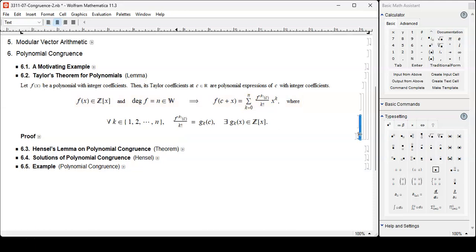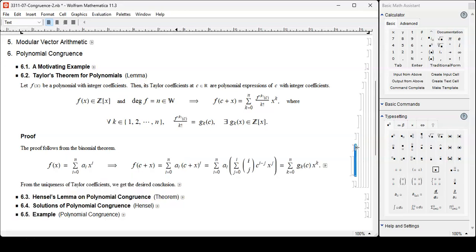How do we prove it? Well, we use the binomial theorem. Select a polynomial like this, and then replace x by c plus x, and then we have this expression, c plus x to the i power, where i is going from 0 to n. And then we can apply the binomial theorem to each of those, as I'm highlighting in blue. Now what do you have?